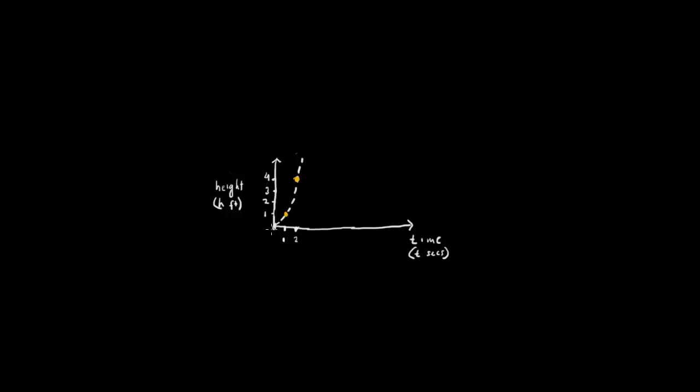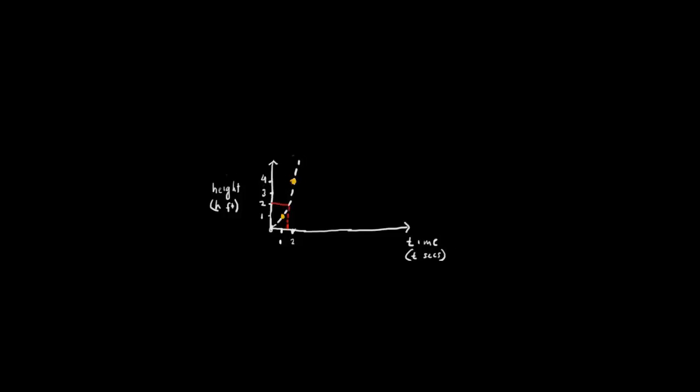It starts from the hand of the person. Let's call that, at time t0, height is 0. And let's say we measured that at 1 second it was at a height of 1 foot, and at 2 seconds the height was 4 feet, as shown by this yellow dot. So the problem that we are trying to answer here is, what is the time at which the height is exactly 2 feet from the hands of this person?